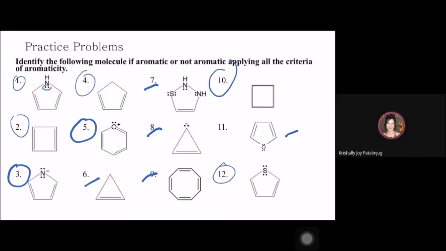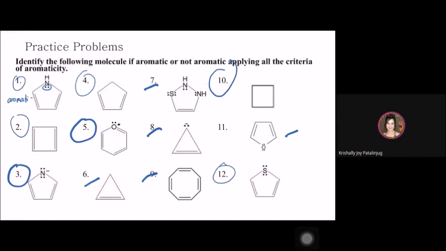Therefore, is it aromatic or not? Okay, very good. It is aromatic based on Huckel's rule.